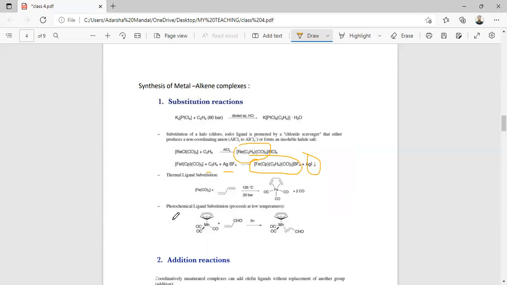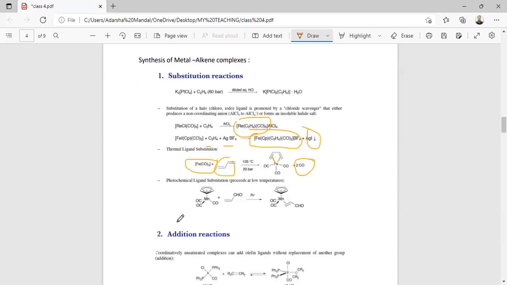So metal alkene complexes can be prepared by thermal ligand substitution reaction. Here Fe(CO)5 reacts with 1,3-butadiene at 135 degrees centigrade and 20 bar. That will form Fe(CO)3 with butadiene coordinated to the metal center, and 2 carbon is detached from the iron.